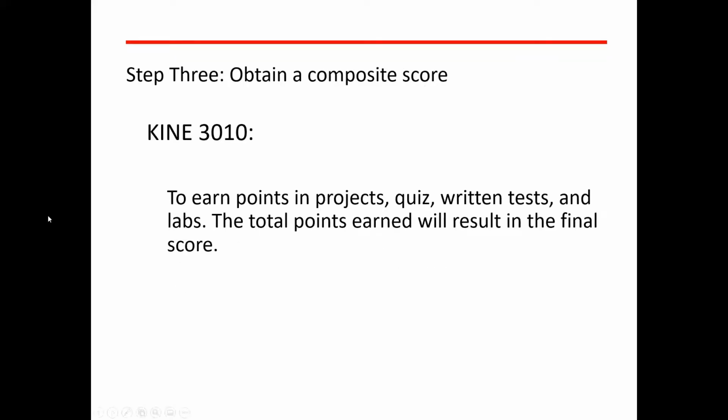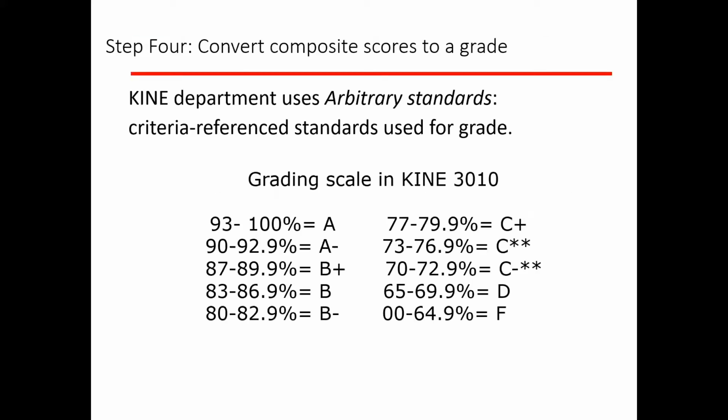Okay. And we do that by summing the points, or in this case, points earned throughout the course, to give you your final course score or your final grade. So the kinesiology department here uses these arbitrary standards. These are the set standards that we use.